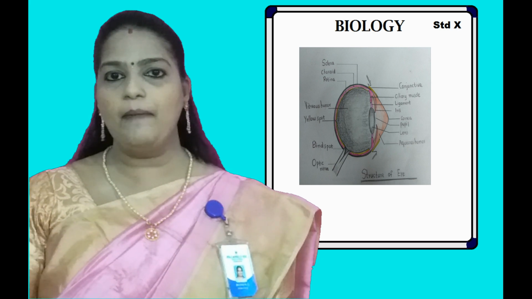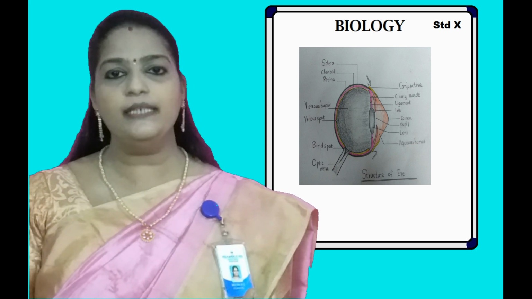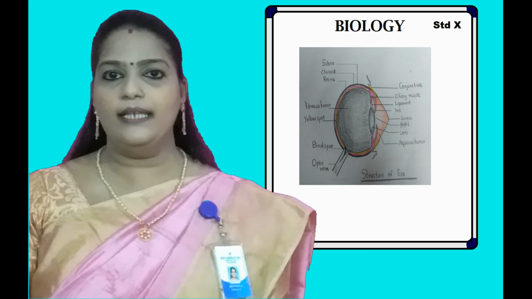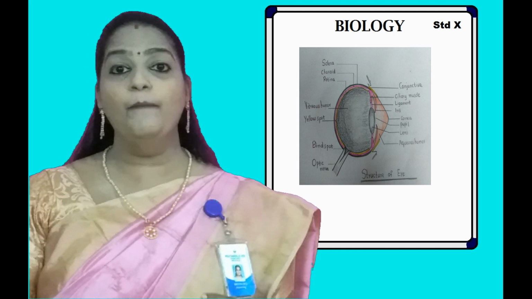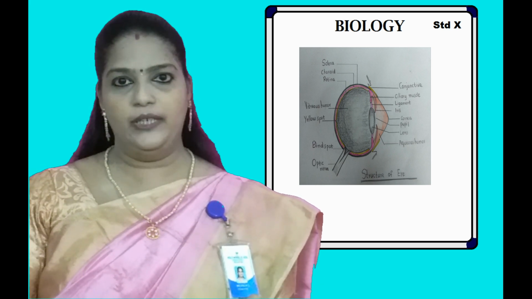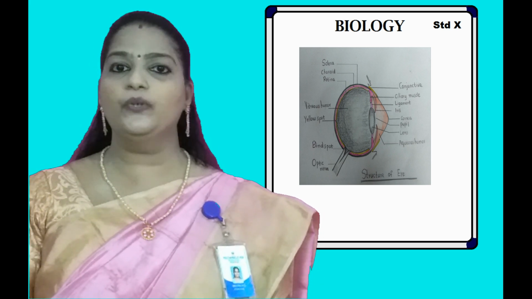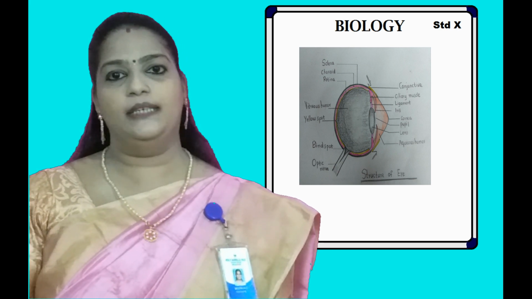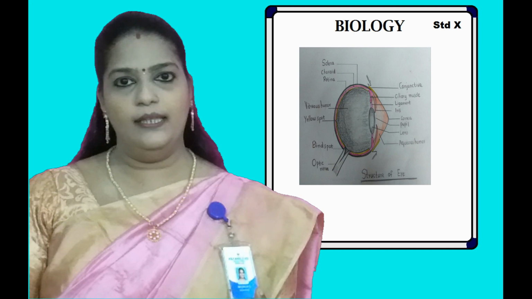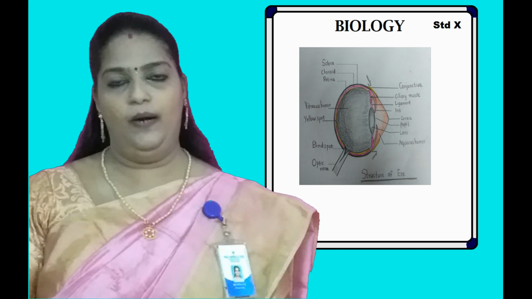The third and innermost layer is the retina, which is the most important layer in relation to vision. Why? It is composed of photoreceptors such as rods and cones. So three layers are there in the eyeball.